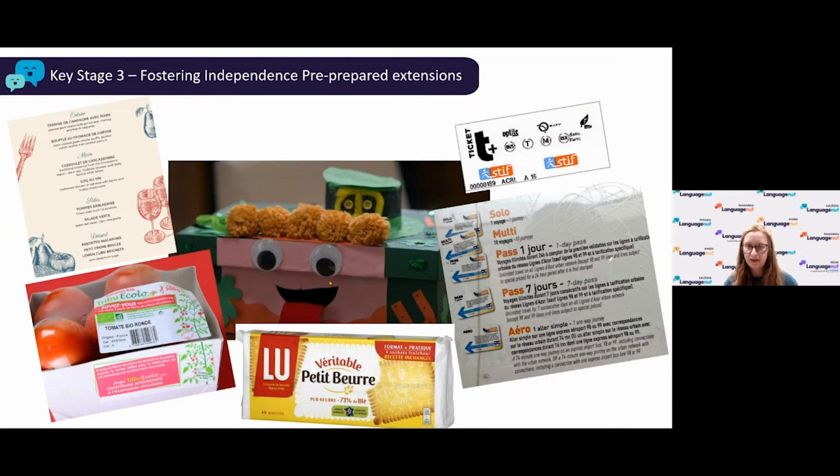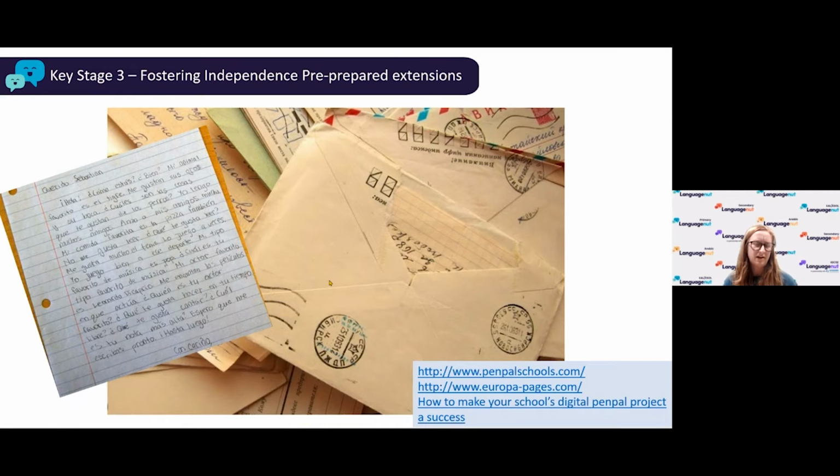Another nice thing you can set up, which will again be a little bit of work, is something you can get those high ability, high achieving Key Stage 3 students to do: set up pen pal schemes. There are various sites online which can pair your school with another school. Obviously, you'd have to check your own policies on things like safeguarding.